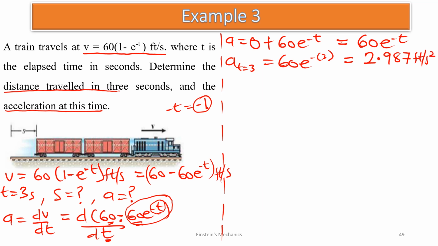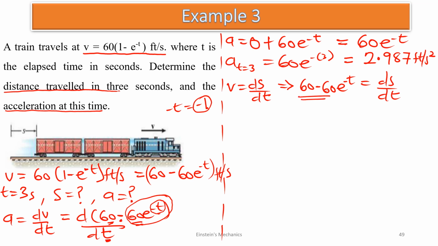Now if we want to find the distance, we know that our velocity is ds on dt, and the velocity function is 60 minus 60 e^(-t). You check this expression, is it in terms of s or t, so that you make it the subject.